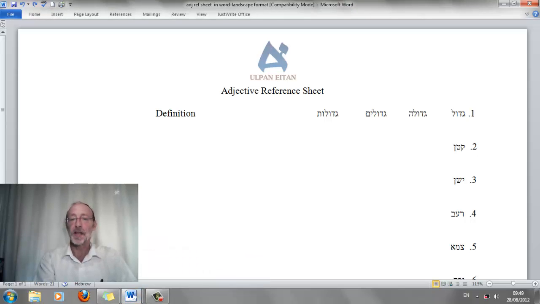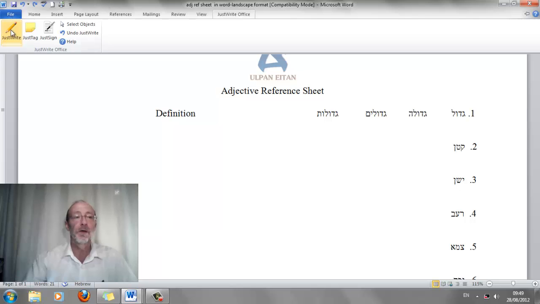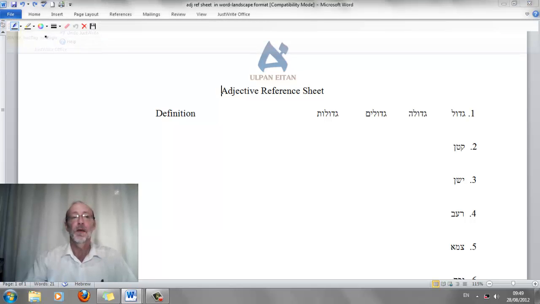So I call this an adjective reference sheet, and I'm going to show you a little bit about the dynamics of how adjectives work on this sheet. Now, for those of you that have done prior classes, I'm sure you immediately recognize that there are four forms over here, which kind of reminisces back to some of the things that we've seen with verbs.